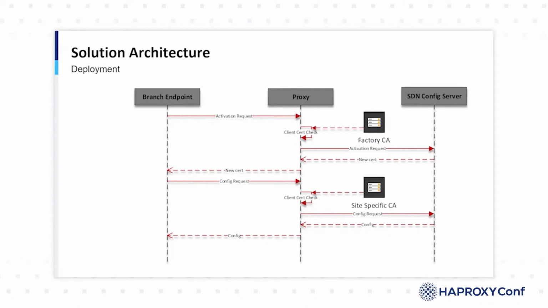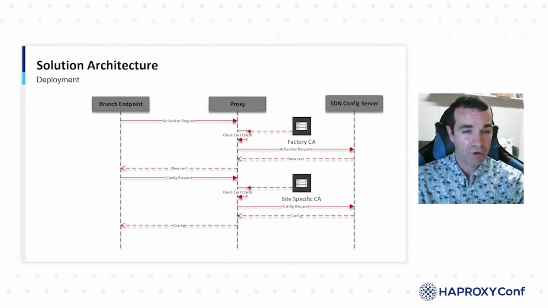So when we ship a branch endpoint device to one of our customers, it's usually a blank device that can't be used anywhere. So they first need to activate it.